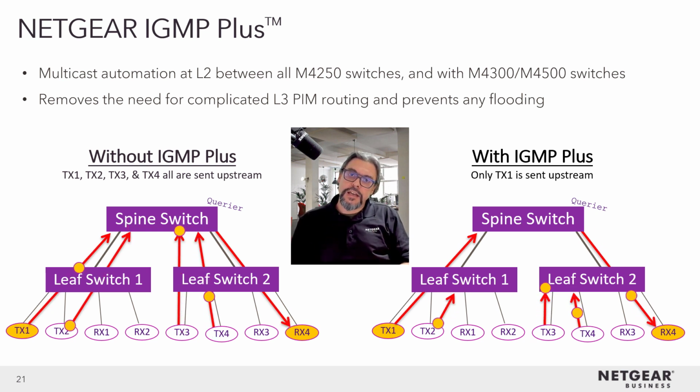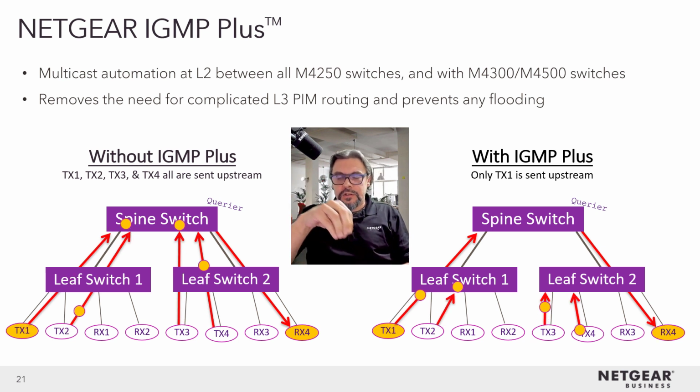We called it IGMP Plus, and now we don't flood the IGMP querier at all. We just stay local in every switch. And if you, John, are on switch 2, you have your decoder, you want to subscribe to that video coming from switch 1, only then this stream will traverse the network and get to you.